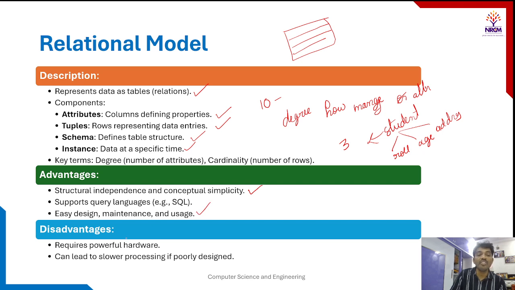And coming to the disadvantages: it requires powerful hardware and can lead to slower processing if poorly designed, right? We should design the database perfectly, then we are going to extract the data very easily. That is the advantage of the relational model, which we are currently using in MySQL, Oracle, and other databases in current trends.